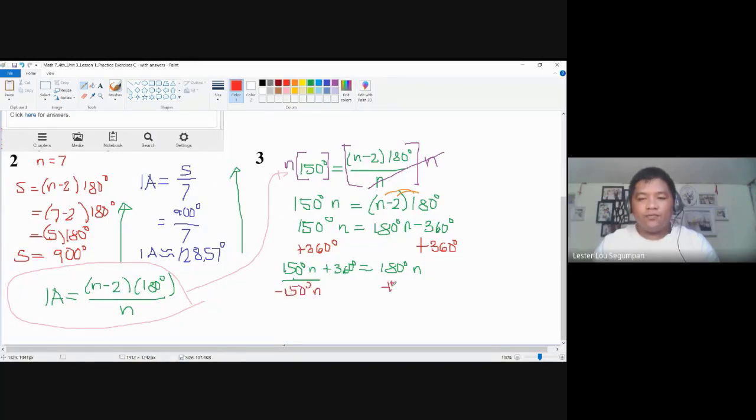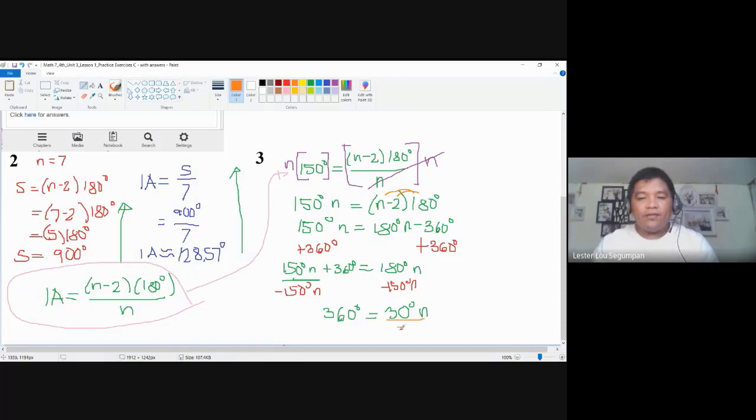Subtract 150 degrees n here as well, and you will get 360 degrees is equal to 180 minus 150, which is 30 degrees n. We still have n because that's the item that we are going to solve.